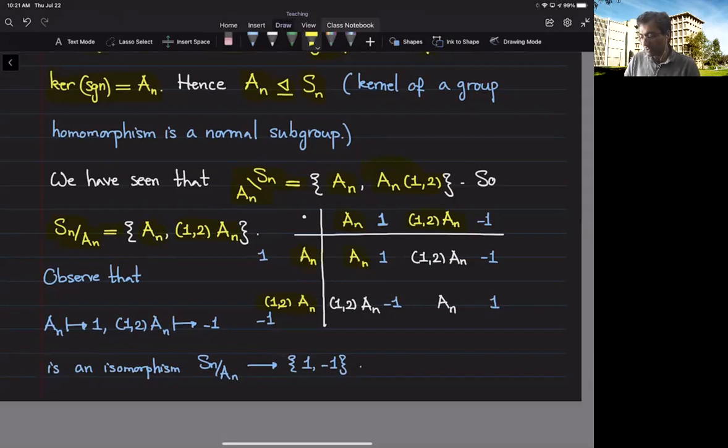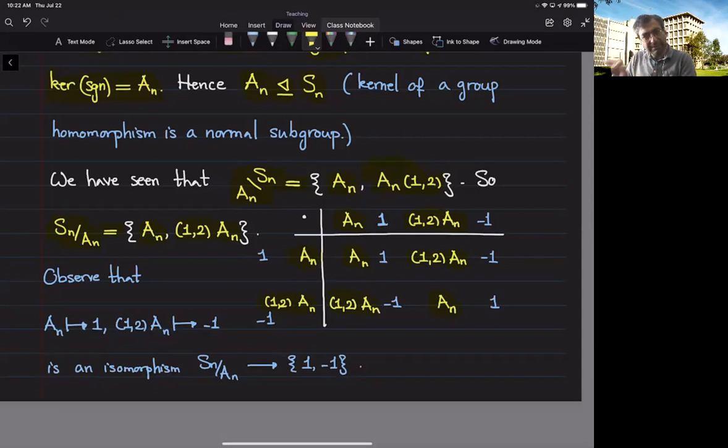To multiply these two, I have to multiply the coset representatives. I end up getting the transposition (1 2), and the coset that the transposition represents. Similarly, I get the same result over here. Finally, to understand this part, I need to multiply this transposition by this one. But a transposition squared is identity, so we get the coset that's represented by identity, and that is A sub n.